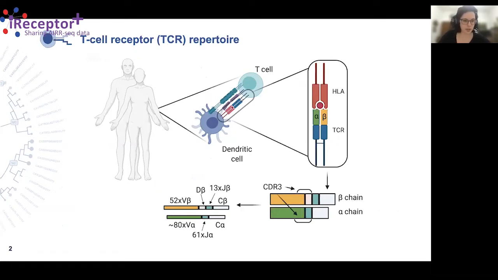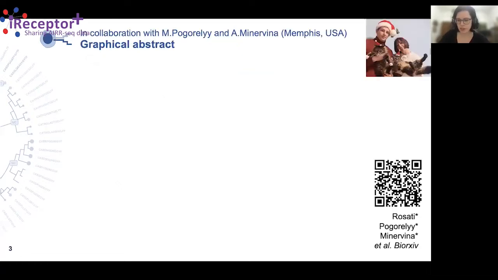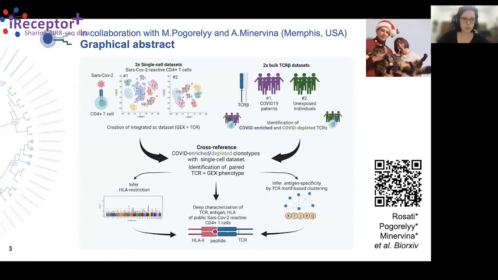But today I will tell you a lot also of data done with single cell sequencing, which of course solves the problem, at least partially. So what we did briefly in this small work, done in collaboration with Michael Pogorelli and Anastasia Minervina, who are now at the St. Jude Hospital in Memphis, was take two big single cell data sets that contain only CD4 T cells, all reactive to SARS-CoV-2.